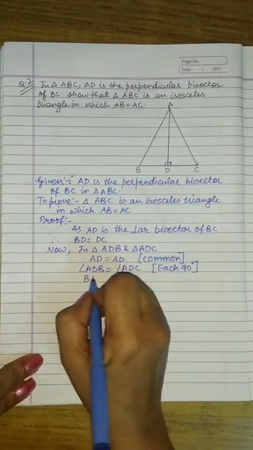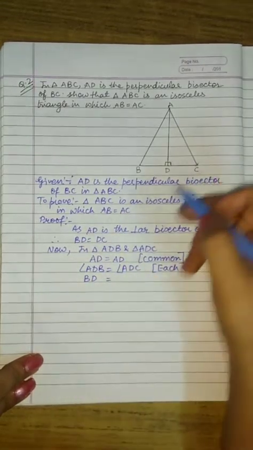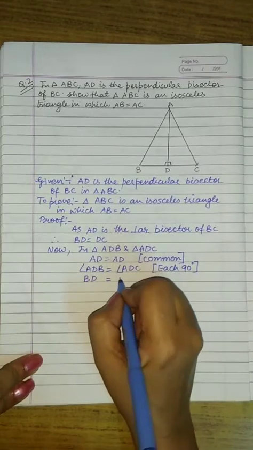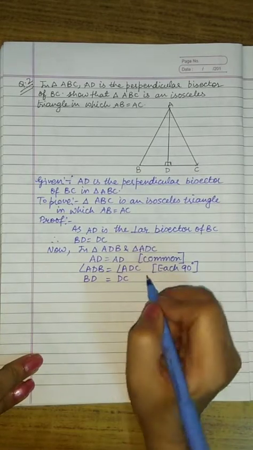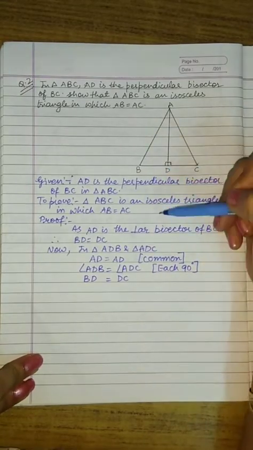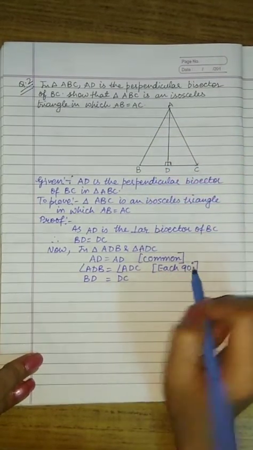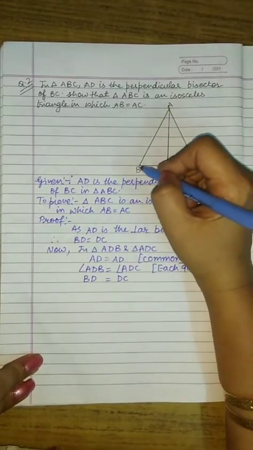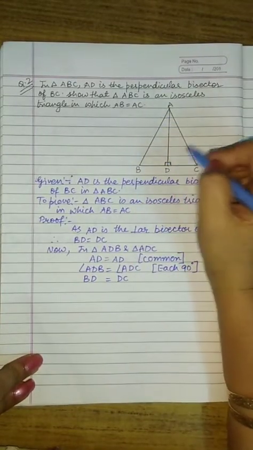And one more condition is given to us that BD is equal to DC as AD is the perpendicular bisector of BC. So now we have three conditions to satisfy a congruency criteria, that is side AD, then side BD and included angle that is of 90 degrees.